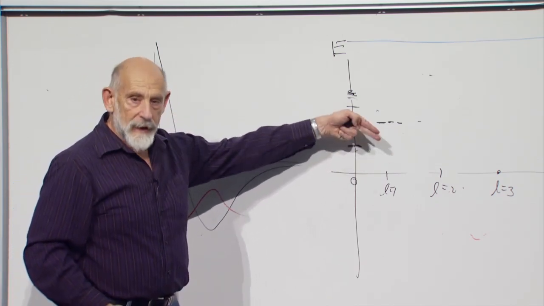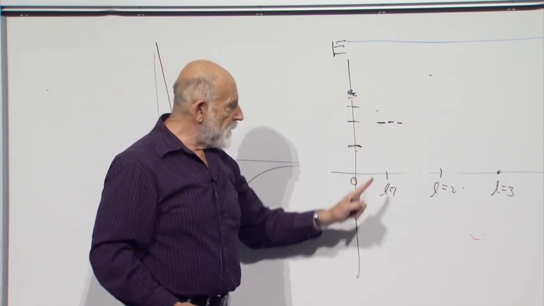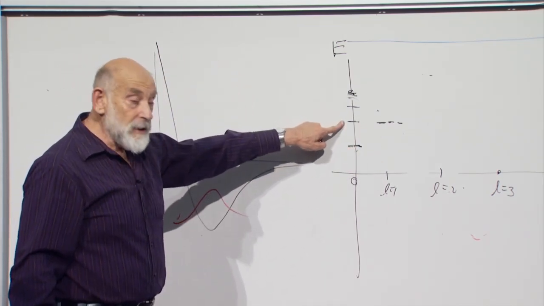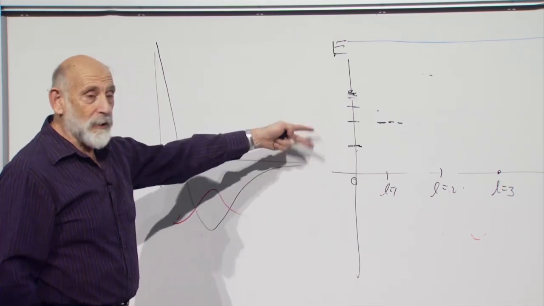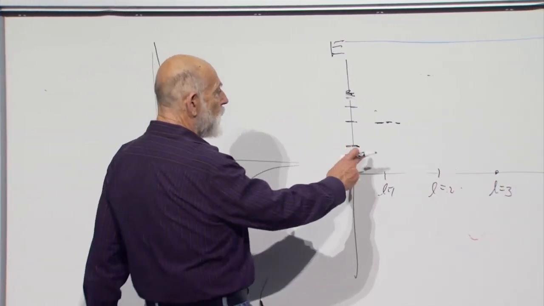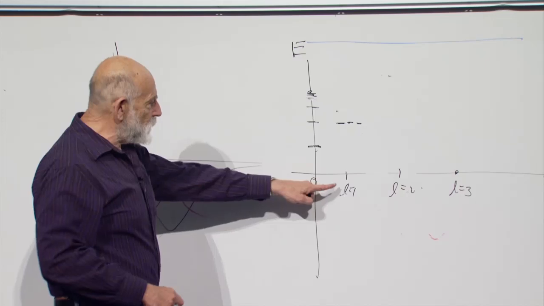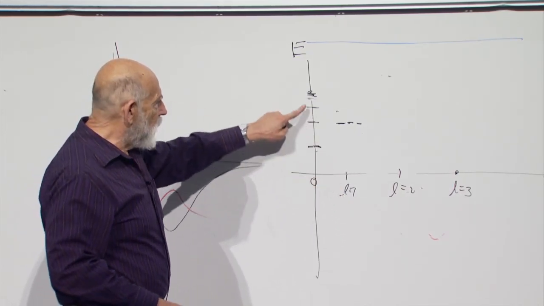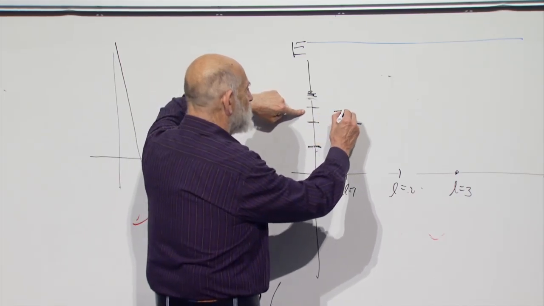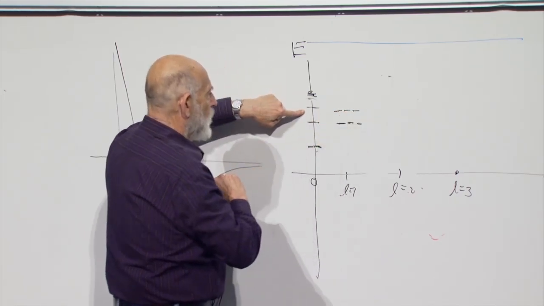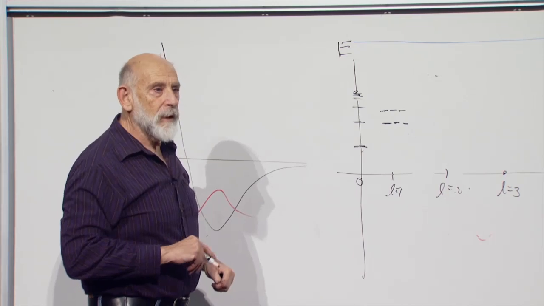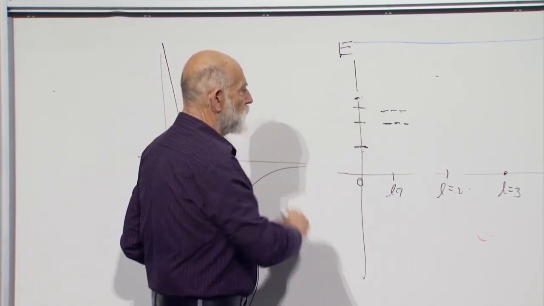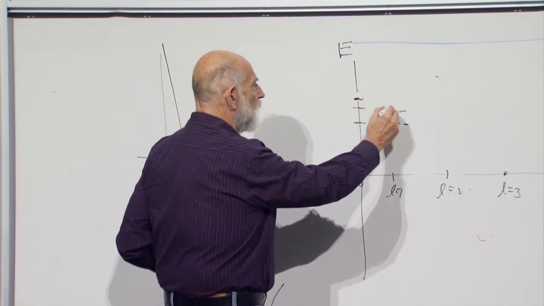The 0 node state, the first one that occurs for L equals 1, occurs at exactly the same energy as the 1 node state for L equals 0. That's a mouthful. What about the 2 node state? The 1 node state of L equals 1 occurs at the same energy as the 2 node state of L equals 0. Exactly the same. Exactly the same for the simple Coulomb force. And so on and so forth. This is a pattern.